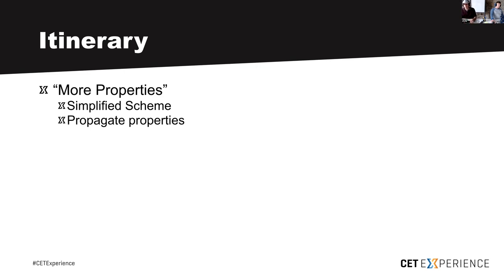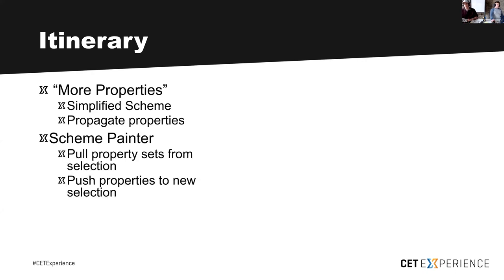We're first going to talk about the more properties tool, which you may have seen already in 11.0. This is a simplified scheme kind of tool, which has some ability for propagation. But this is going to be the basis for a lot of these other tools that we're going to cover. So that's why we're going to touch on that first.